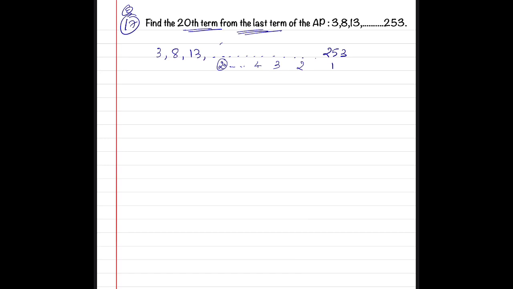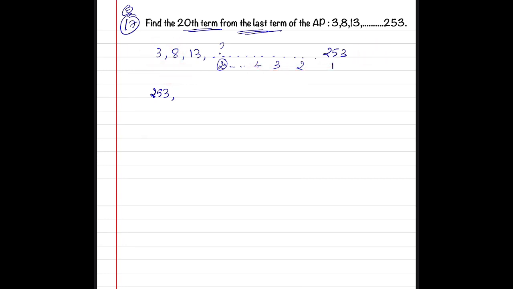We have to find out the 20th term. First, write down this series in reverse, that is 253, and here the common difference is 5, but when you write in the reverse manner, your common difference is minus 5.